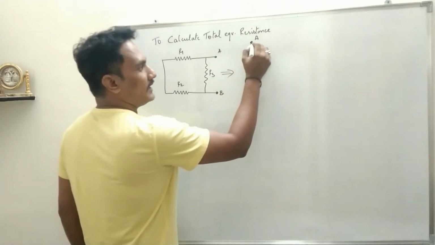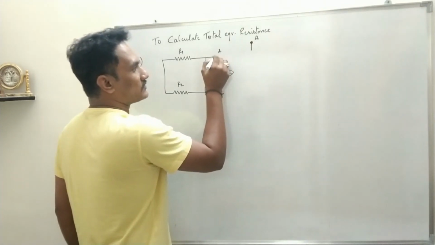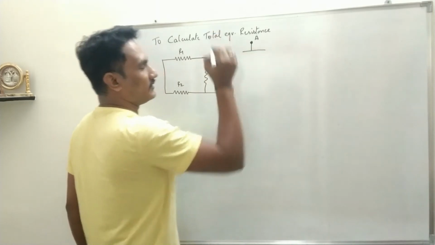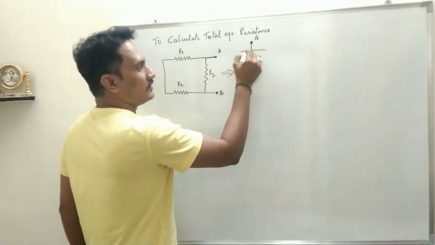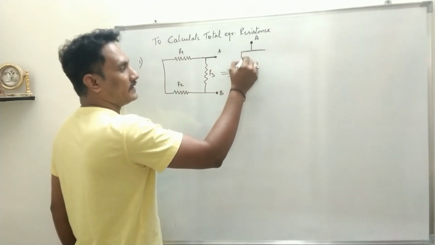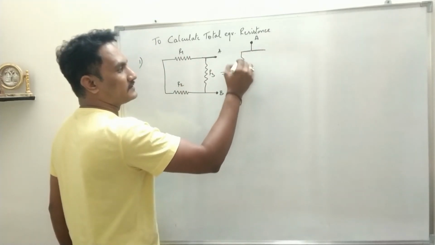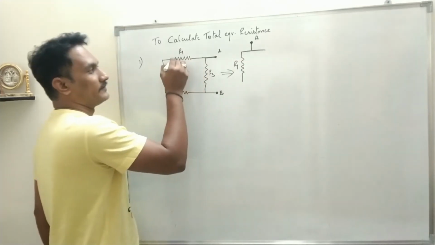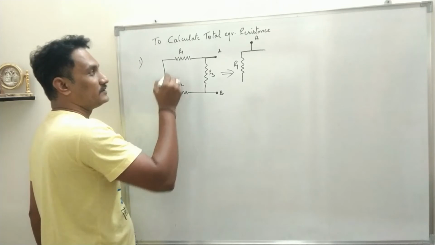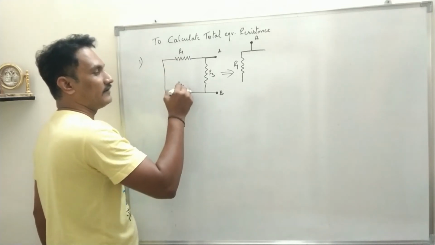So when you go from A to B, when you start from A, at this point there is a division. So we will draw that division. On the first arm there is resistance R1. The point at which R1 ends, we have R2.